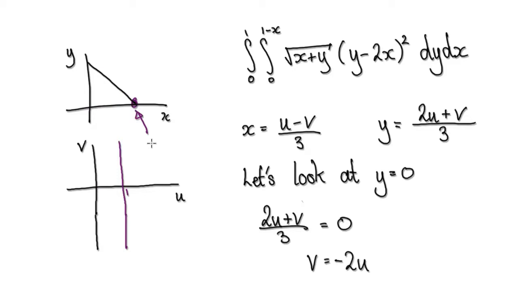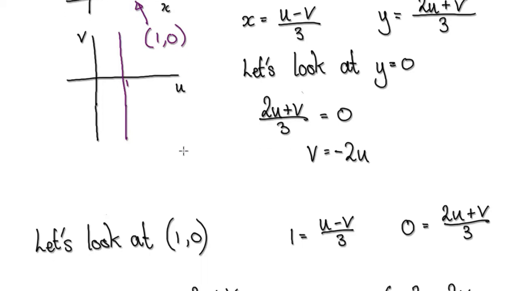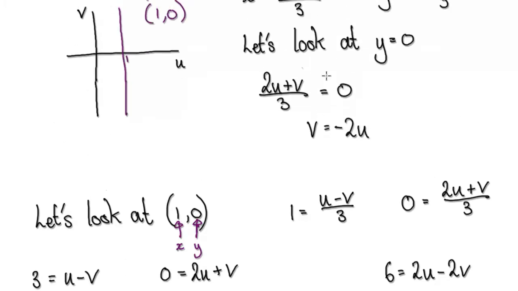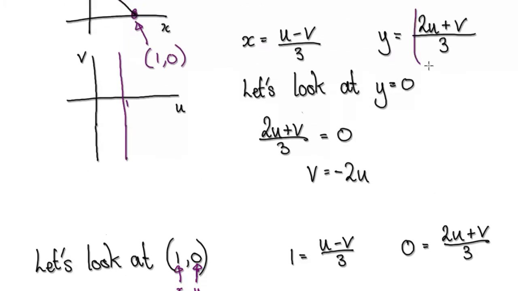This particular point has the coordinates 1, 0. So now, hang on, let's look at that particular point, 1, 0. So this is our x, this is our y. So let's put this into here.